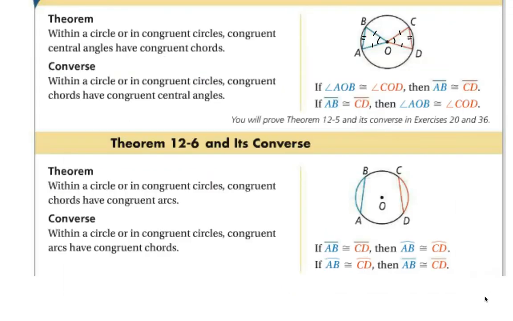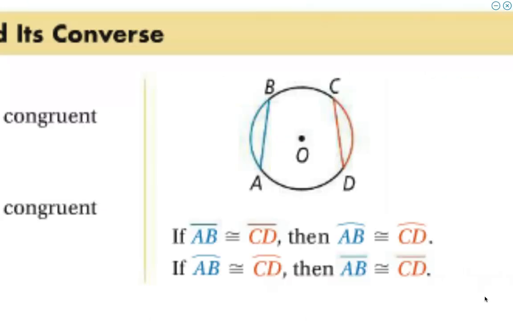12.6. Within a circle, congruent chords have congruent arcs. So we have this chord with this arc. It's going to be the same thing.